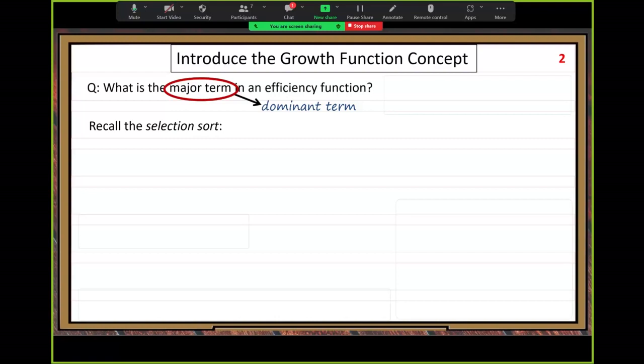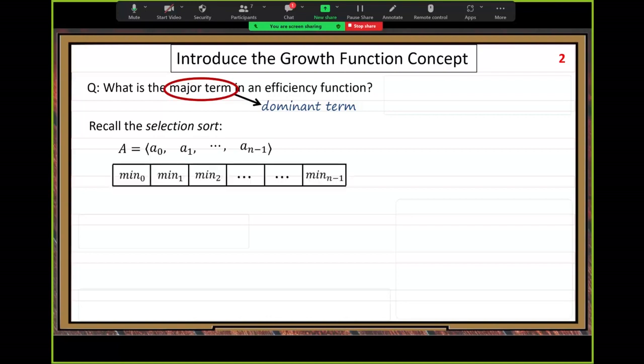So let's look at the solutions we got before. Selection sort. In the selection sort, what is the efficiency function? The function for the number of comparisons in the selection sort. Recall the efficiency function is 1/2 times n times (n minus 1).